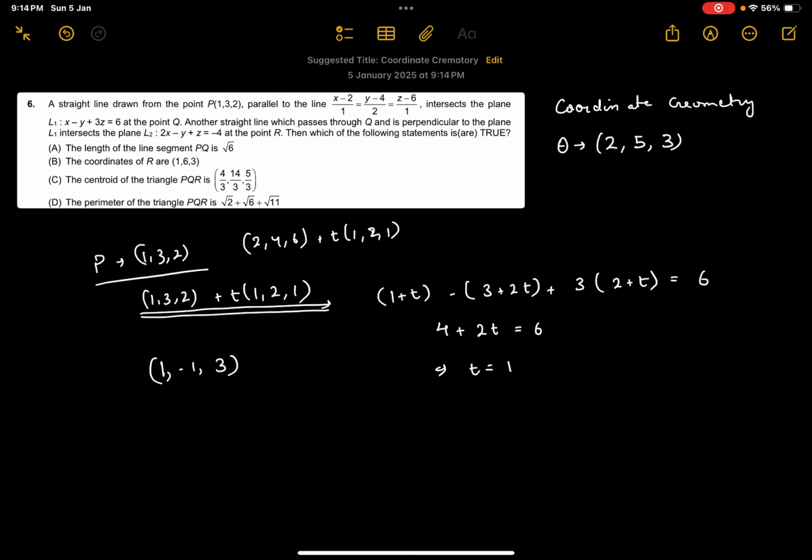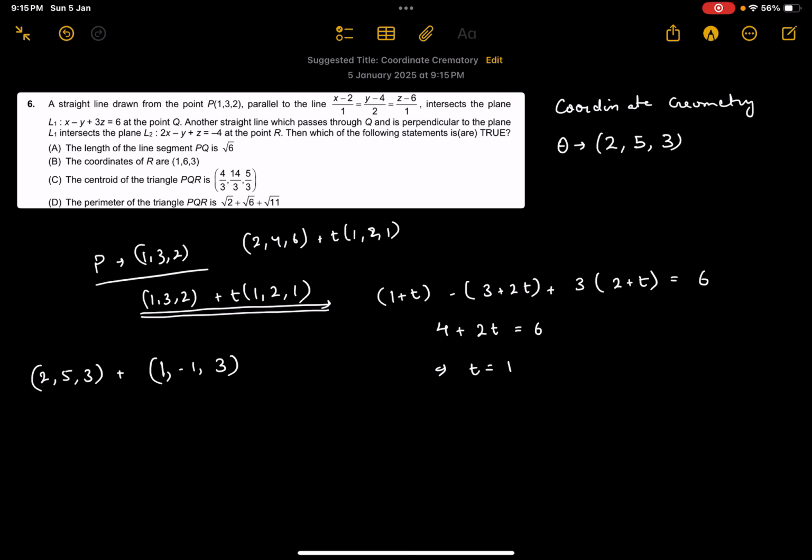So this is our vector. So t times this plus Q is the line passing through Q and perpendicular to L1. We have to solve it with L2 to get the point R.